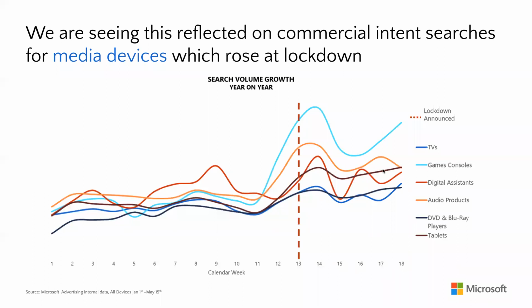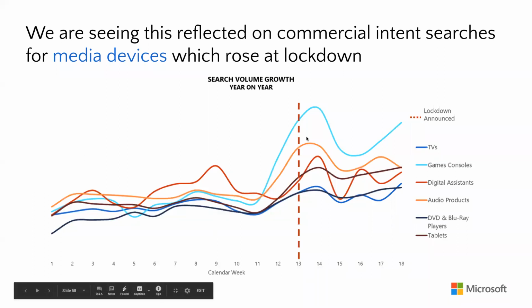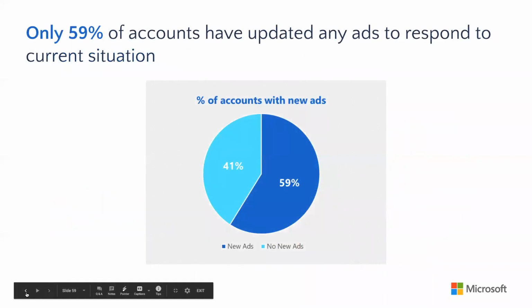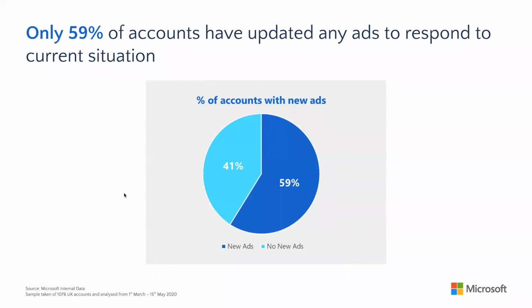Audio products like earphones, Beats, speakers saw quite a large inflection just before lockdown, and the same with tablets, DVD players, digital assistants, TVs. Interestingly, the bulkier products don't show as much of an increase, and that's predominantly, I would say, due to supply chain constrictions. So that's another thing to bear in mind if you run a business that relies on that.